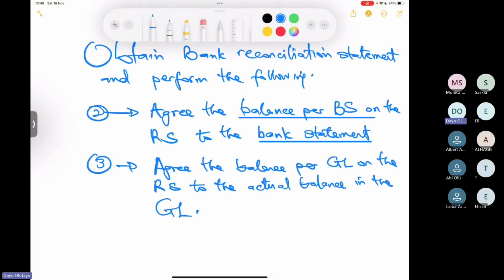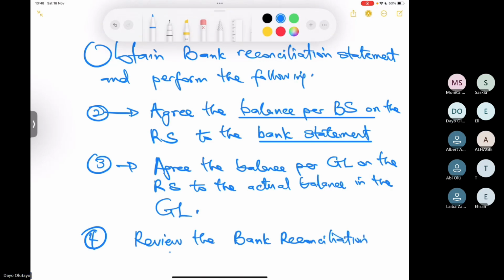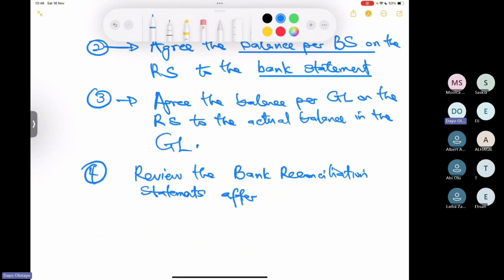Extremely important. Then you now need to test the reconciling items to be sure that they are clearing them promptly. Right? So review the bank reconciliation statements, this time around the ones they prepare after the year end, because we want to see whether those old items have been cleared.